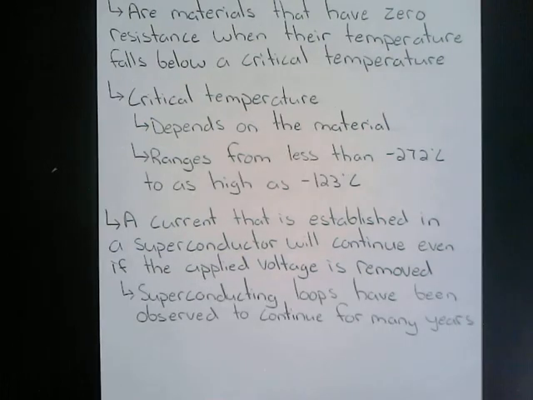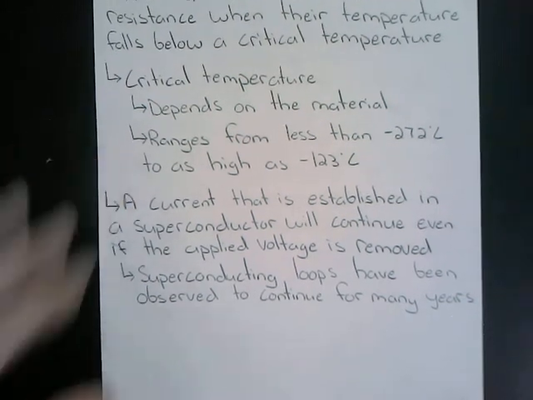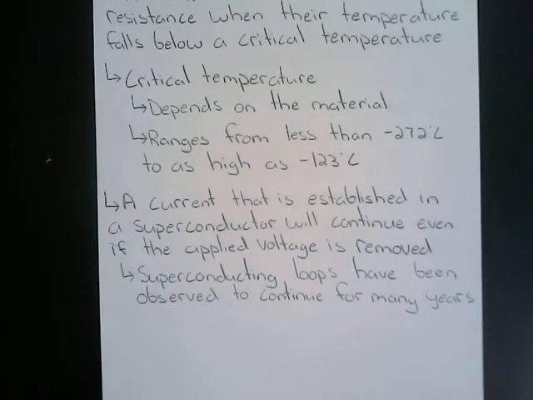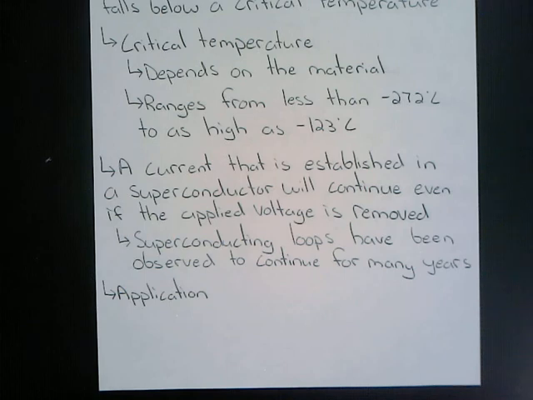Now, you may be wondering, okay, that's great if we can make this substance really cold and apply some voltage and remove it and have that current continue, but what's our application for this? One application is superconducting magnets, which can levitate commuter trains.